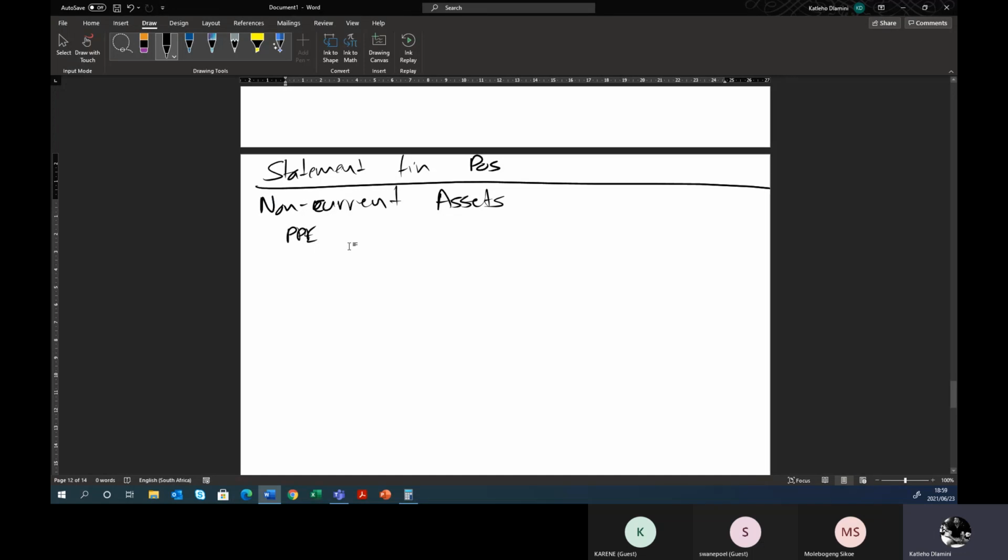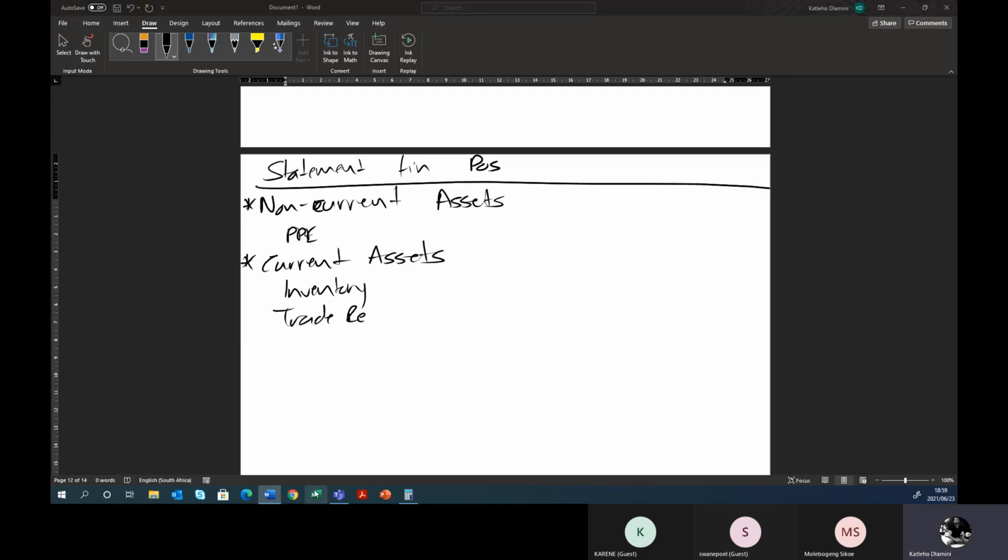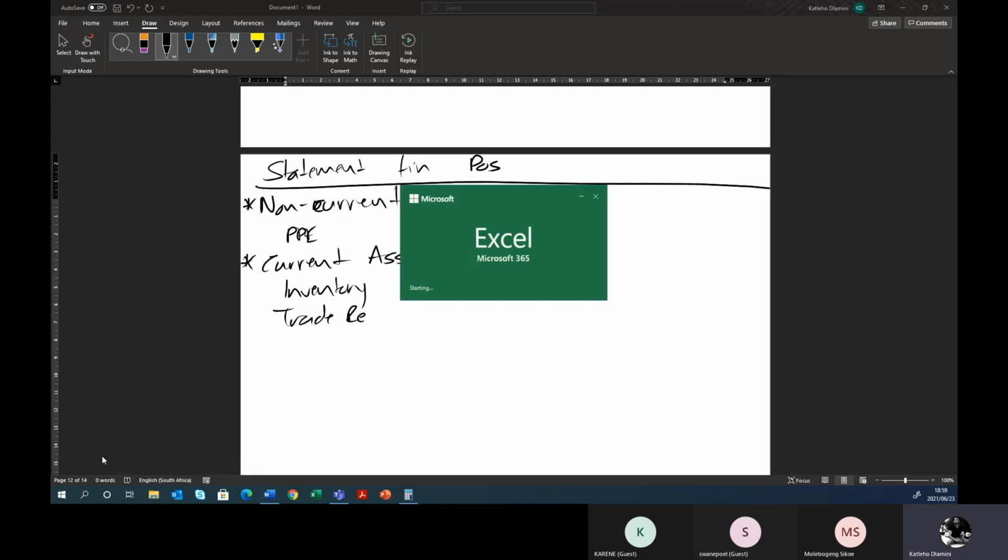I have current assets. This is inventory. This is trade receivables. I'm wasting time. I'm just going to type this.